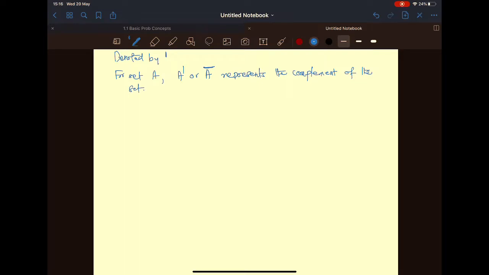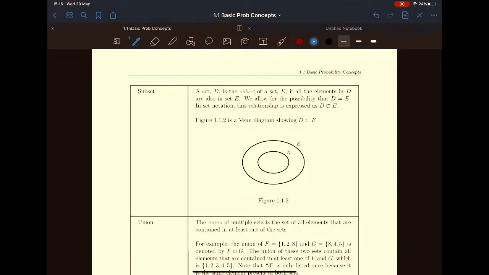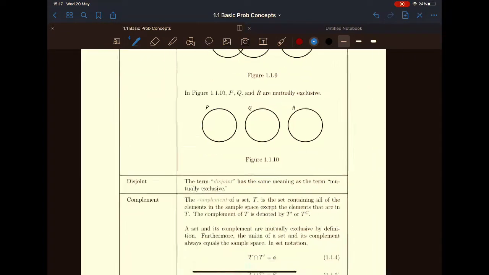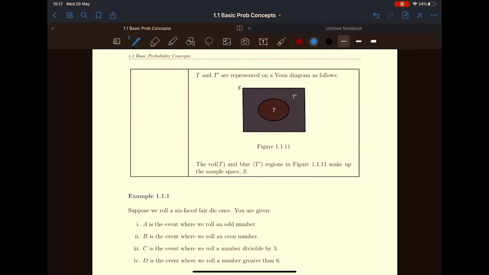So elements of the complement are found in the sample space, but not in the given set under consideration. Okay. So this completes the second phase of our study, and we would like to quickly look at an example which will help us better understand this whole concept.